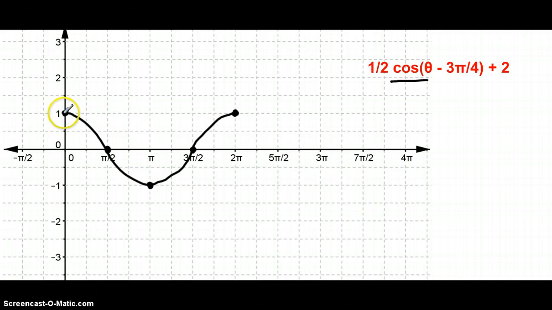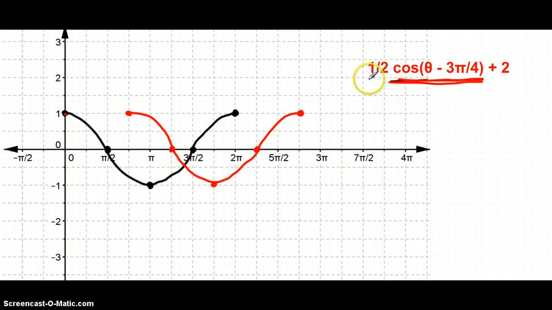So we're going to go ahead and move this point 3 squares to the right. This point will move 3 squares to the right, this point, and this point. And so now we can just shift the graph to the right. And now we have actually graphed cosine of theta minus 3 pi over 4.